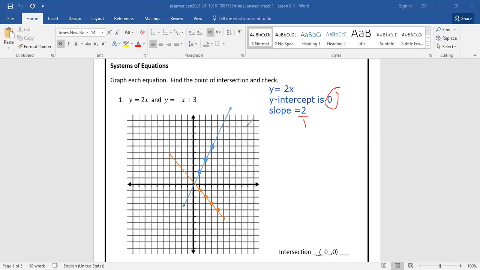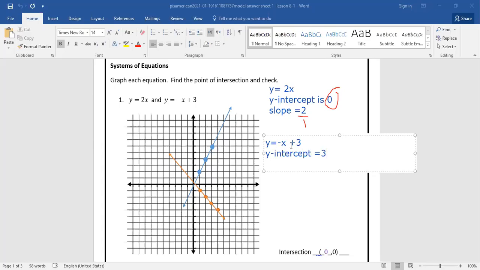The second equation. What is the equation? Y equal negative x plus 3. Then what is the y-intercept in this question? 3. Yes. So the y-intercept equal 3.